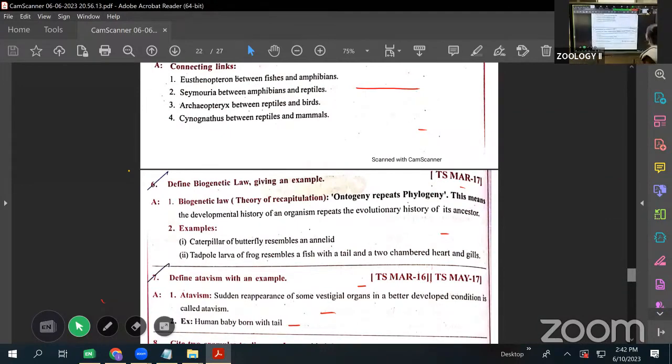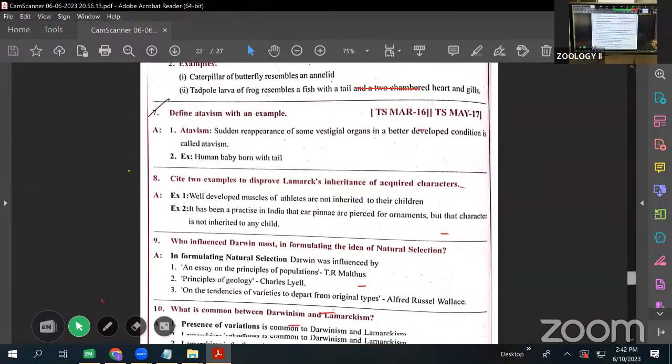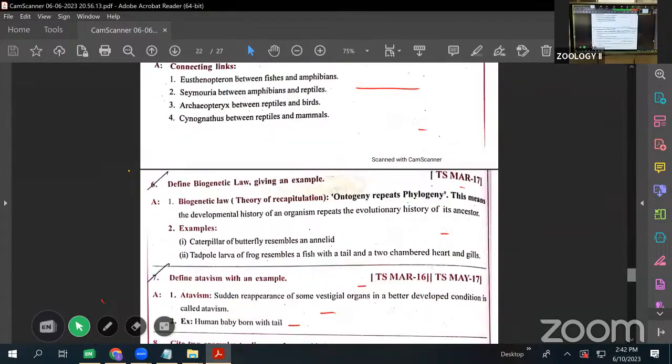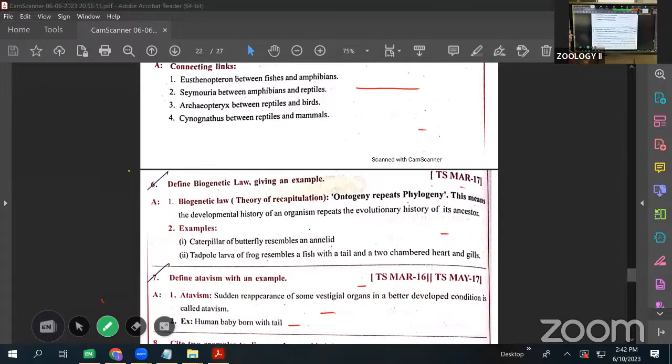Next one is atavism. Atavism means the sudden appearance of some vestigial organs. Before that, the vestigial organs were not visible. Suddenly they appear again. That we call the sudden appearance of some vestigial organs, called atavism.